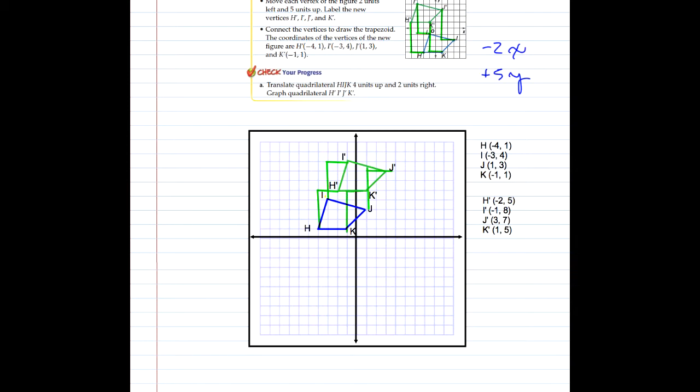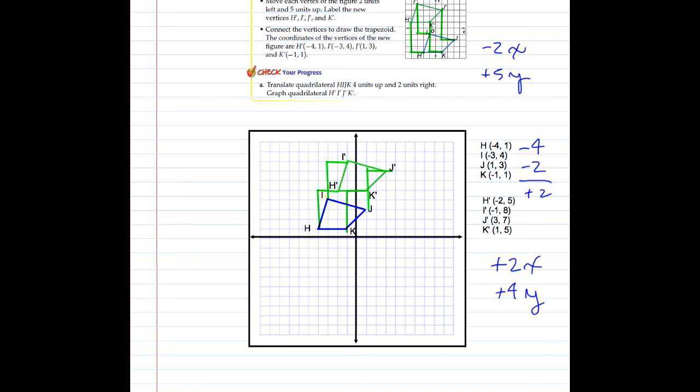and 2 right. What that means again is I'm adding 2 to my x value and I'm adding 4 to my y value. And you can see that in the ordered pairs here. If we just look at H, for example, I go from -4 to -2, which means I've added 2.